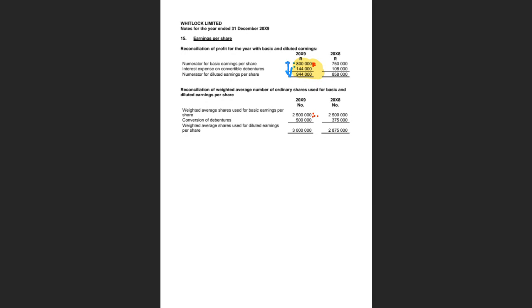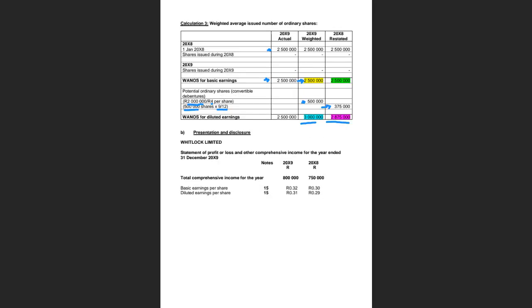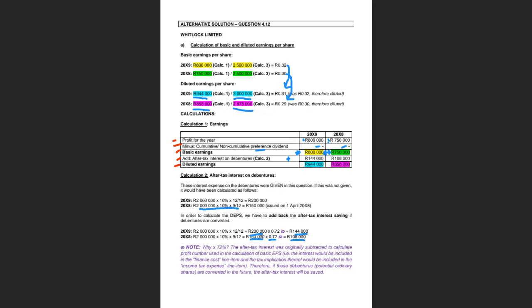We add the dilutive effect of the convertible debentures in both years, and we come up with the final amount. So again, it's very similar to the calculation that we did, and in fact, it's a reproduction. So that is exactly how we disclose our earnings per share. The disclosure is important, but if you get the calculations right, your disclosure is going to be very easy.